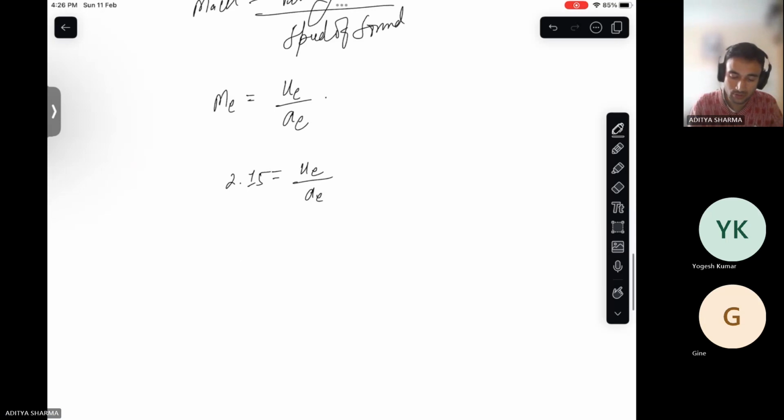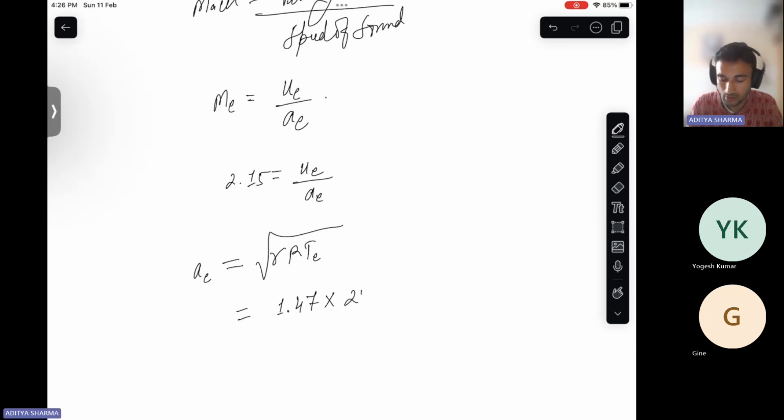Now, what is the formula for speed of sound? Square root of gamma R T. Yes, thank you. This gamma has been given to us and R is also given to us.